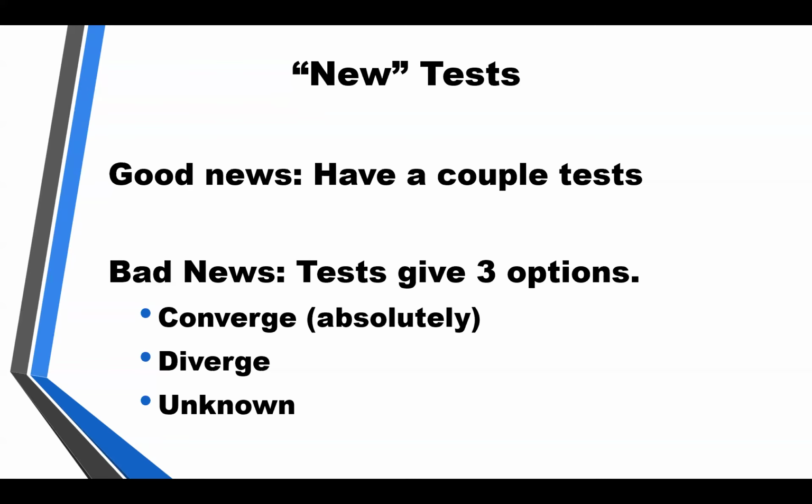Absolutely, we'll go over that in another video. The second option that we have is that our series may diverge. But then we have this third option where the test is inconclusive. So the test tells us we don't know about this one.